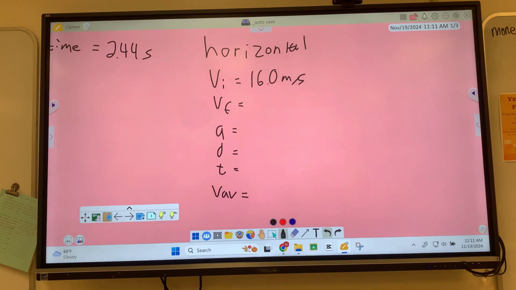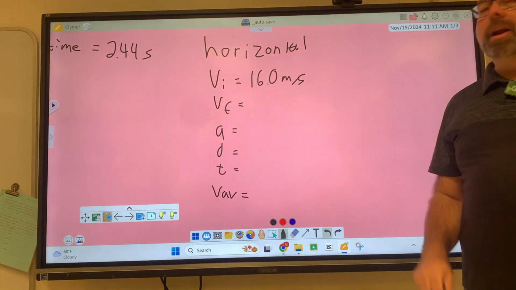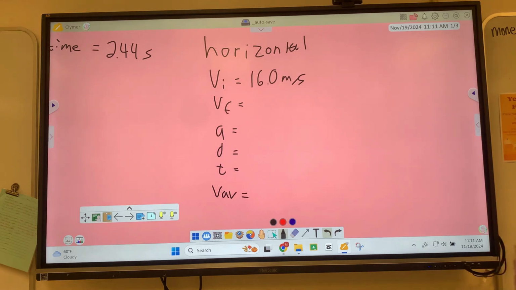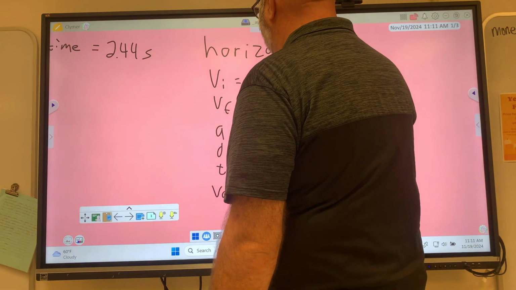Yeah, way back when we did the first problem at the very beginning, and we broke this down into horizontal and vertical velocity. What's our final velocity? 16. Did this number change? No. This is horizontal motion, so it's still 16.